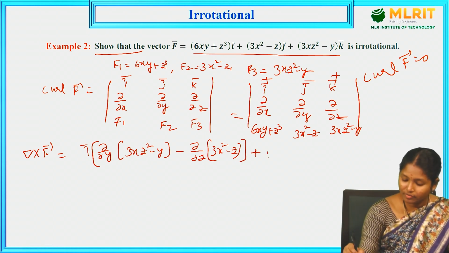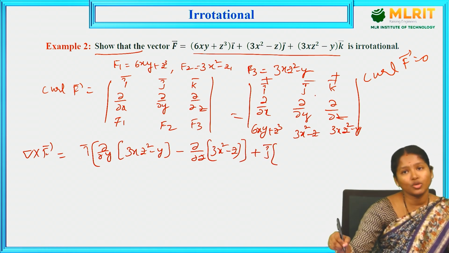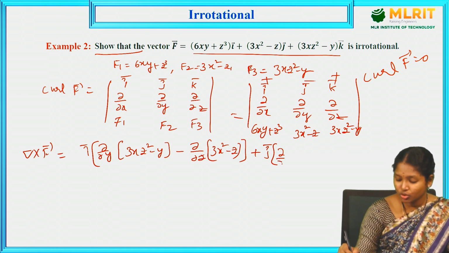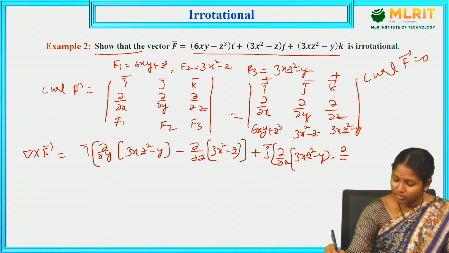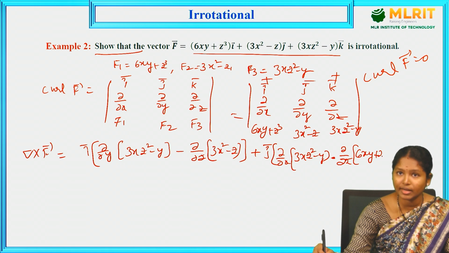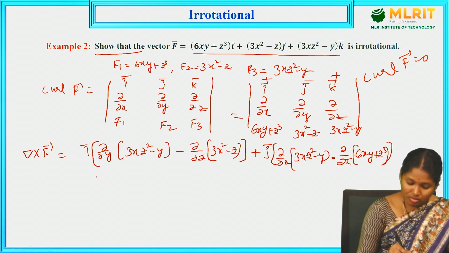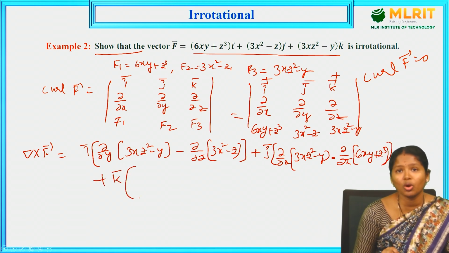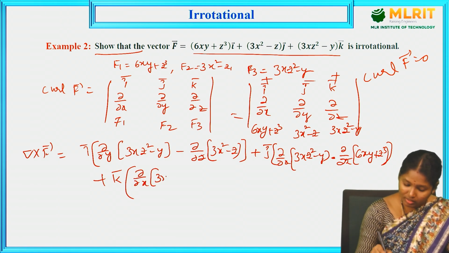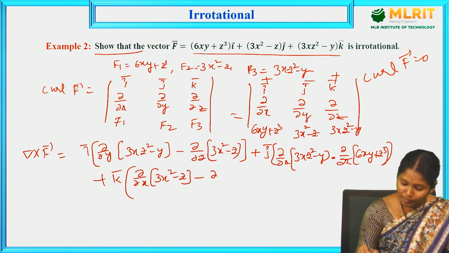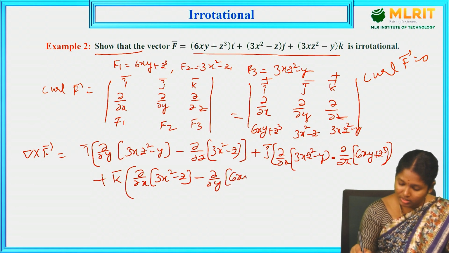So similarly for j bar, first row second column will be eliminated. So dou by dou x of 3xz square minus y minus dou by dou z of 6xy plus z cube. So plus k bar into, first row last column will be eliminated, right? So dou by dou x of 3x square minus z minus dou by dou y of 6xy plus z cube.